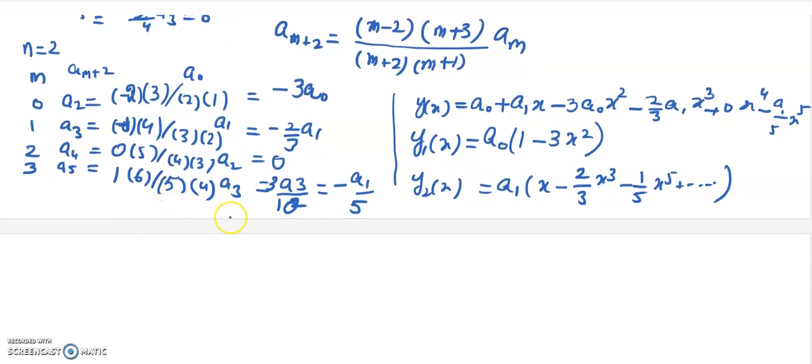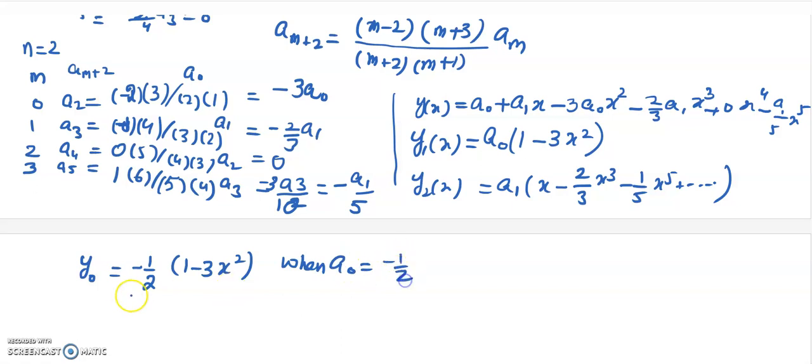Generally speaking, this polynomial is written with the value of a naught equal to minus a by 2, and if we put this value over here when the arbitrary constant is taken as minus a by 2, the Legendre polynomial for the second degree will be equal to 1/2 (3x square minus 1).